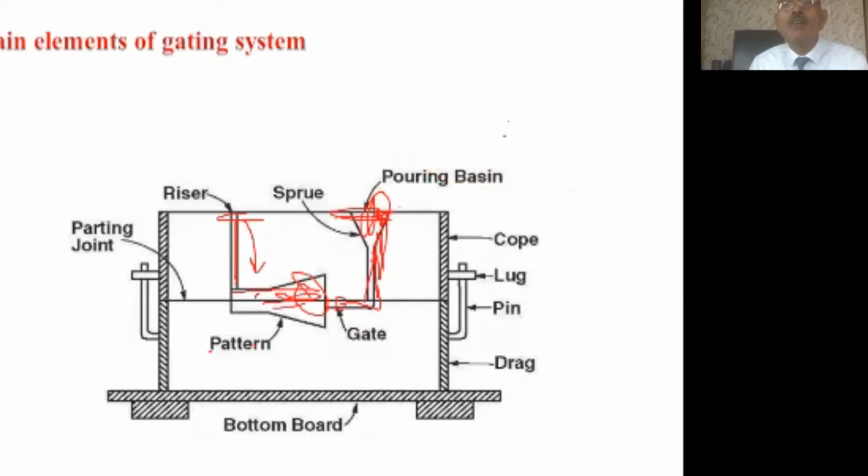If the metal does not flow properly, defects will arise, and those defects will show up after the casting comes out. So a lot of rejection will take place. To avoid these rejections, we should take care during the design stage itself, at the initial stage, so that there will not be any defect.